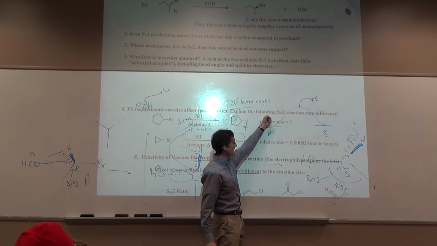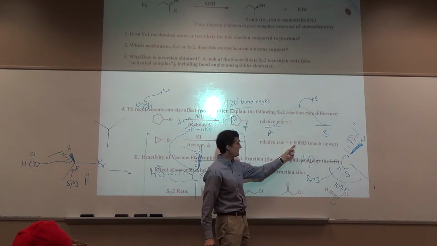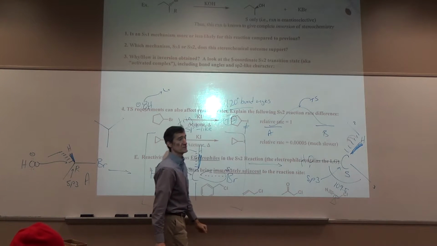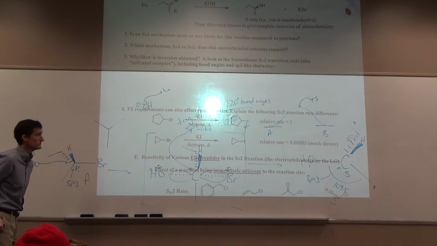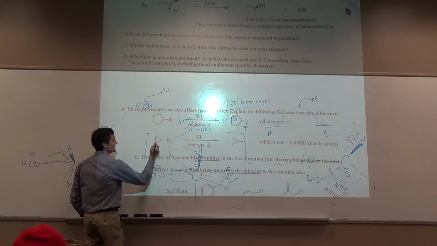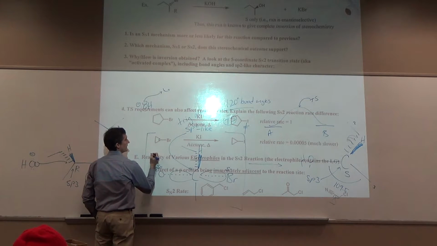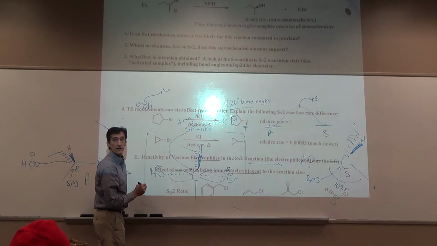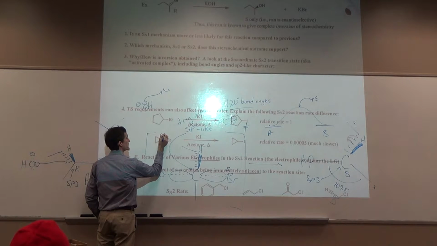If the rate of that is 1, the rate of this one here is much slower. Why is it much slower? Well, what's this bond angle here? 60, between two of the groups there. Ninth grade geometry tells us that's 60 degrees.